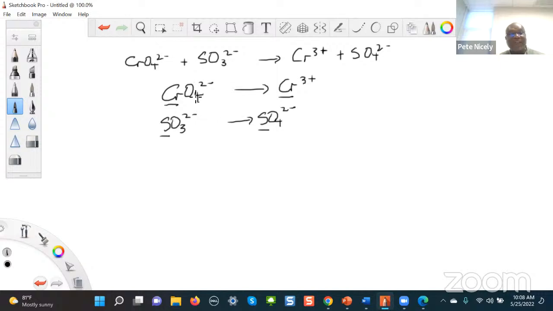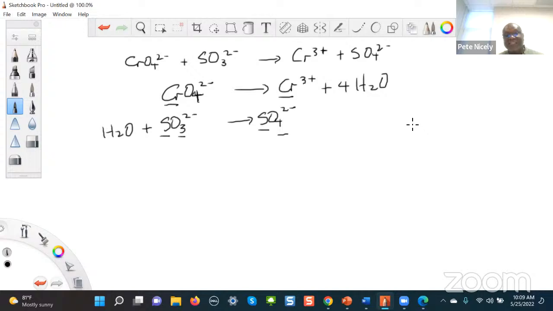In the first half equation, we have 4 oxygens on the left and no oxygens on the right. So we need to add 4 water molecules on the right to balance the oxygens. In the second half equation, we have 3 oxygens on the left, 4 oxygens on the right. So we need to balance the oxygens by adding 1 water molecule on the left, all right?